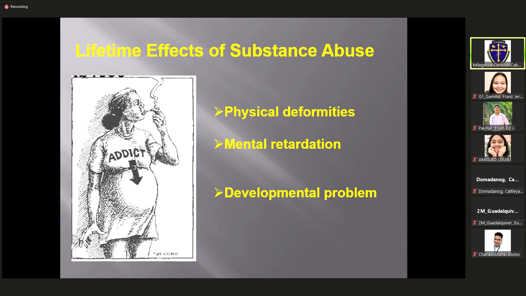So there are physical deformities. And mental retardation also. Just like when you are taking amphetamine. So, ang brain cells na ng adult namamatay. Paano na lang yung mga baby inside the womb? Then, of course, developmental problem. So, these are the 3 lifetime effects of substance abuse towards the baby.